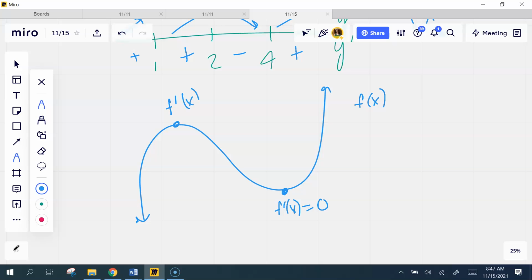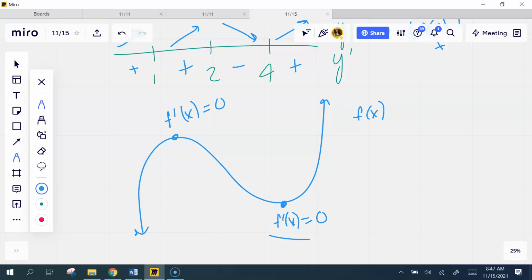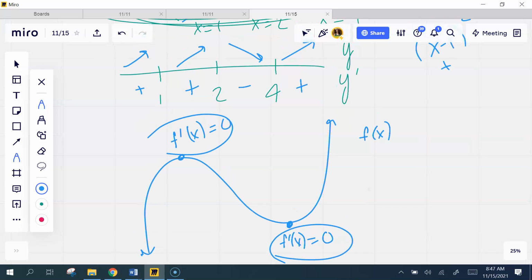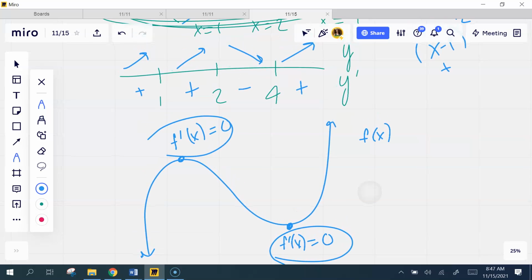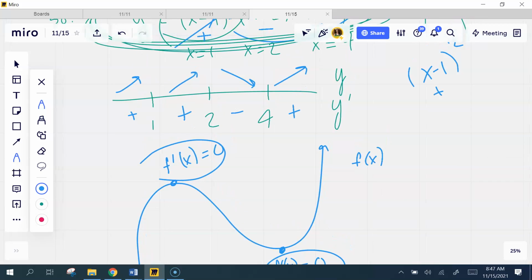Do we all agree? You told me I need the zeros of the second derivative, right? Well, to find the zeros of the first derivative, I can take the function and find the maxes and mins. I can do that still. Just give me a second.